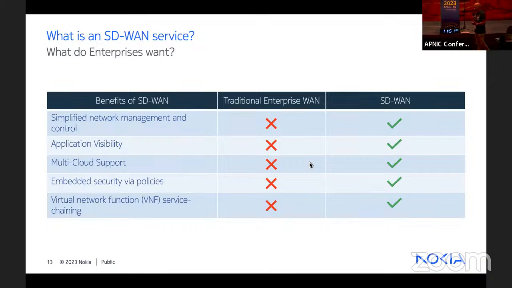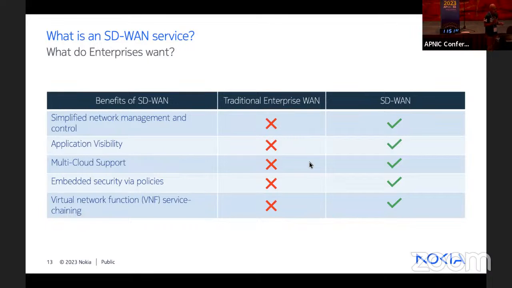I'll be talking a little bit about that tomorrow as well in one of my sessions. But coming back to SD-WANs, we want simplified network management and control. They're two different things. There's a big difference between managing something and controlling something, right? I hope all of you understand the distinction between the two.